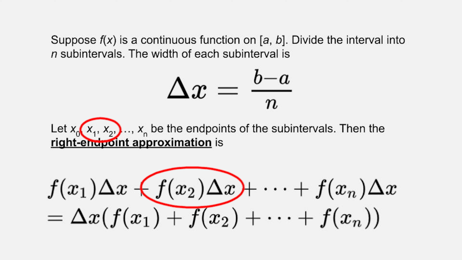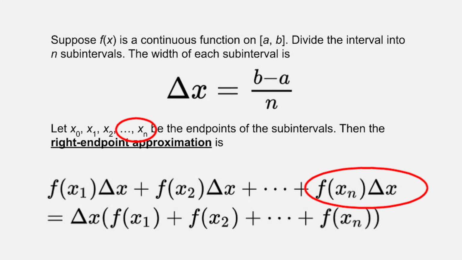So if the first subinterval is from x0 to x1, we're going to use f of x1 to be the height of the first rectangle, and we'll do the same thing for the next one. The second subinterval is from x1 to x2, and the right one there is x2. And so the height of the second rectangle is f of x2, because that's the height of the function on the right side of this subinterval. And we multiply that by delta x, and so on and so forth. Now our very last subinterval is from xn minus 1 to xn, and the one on the right is xn.